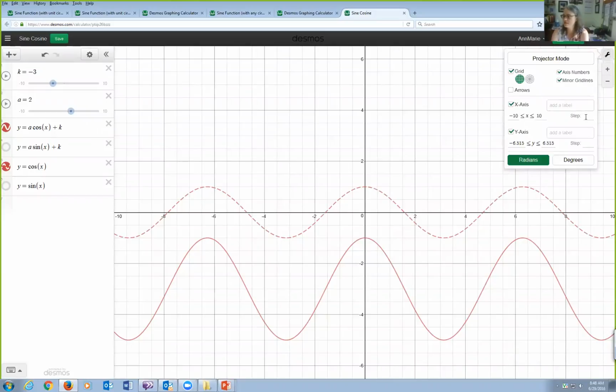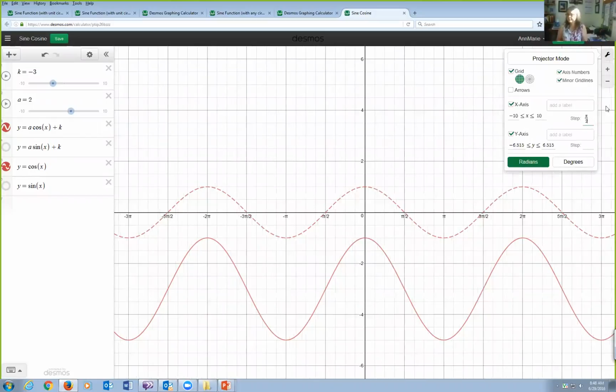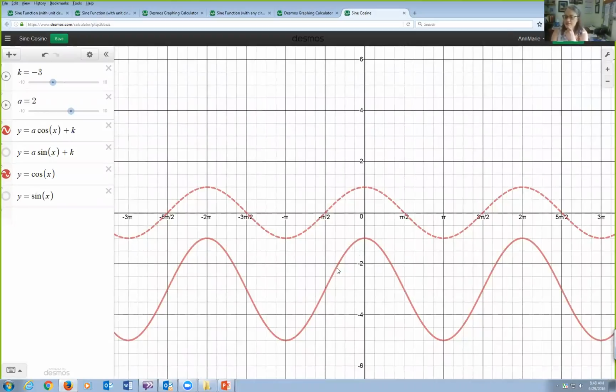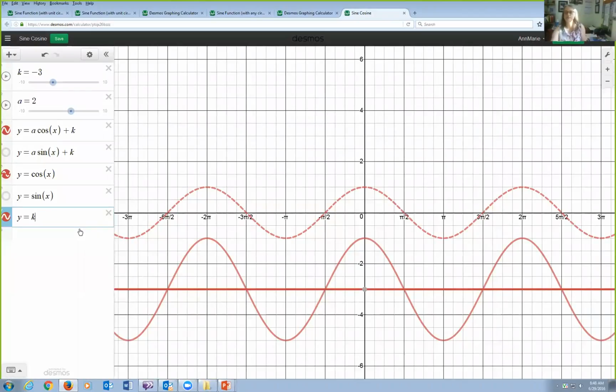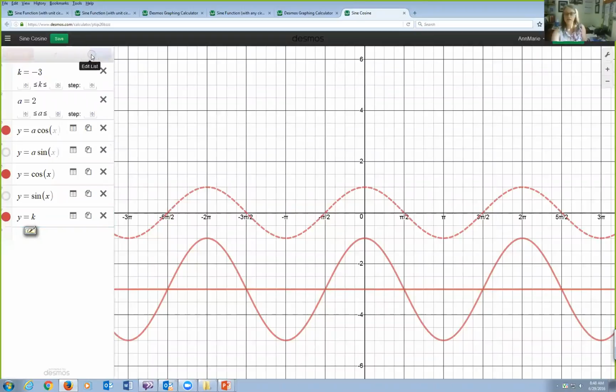What you see here is the midline is at negative 3. The amplitude is from highest to lowest, which is 4, because we go from 1 to 5, so that's 4.